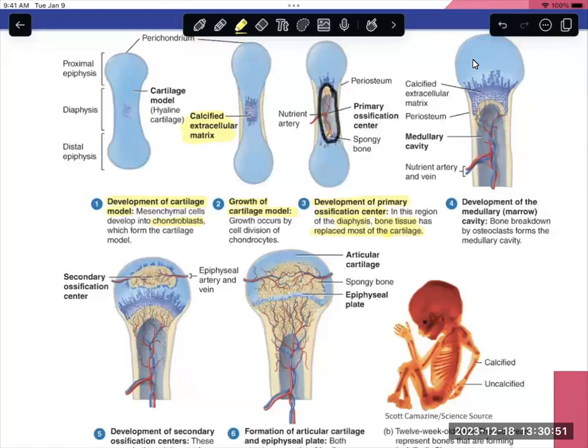Now we've gotten to a point where we need more. We've got this nutrient artery coming in because we need nutrients to allow this bone to grow. We're going to build this medullary cavity, so that opening in the middle of this bone here.